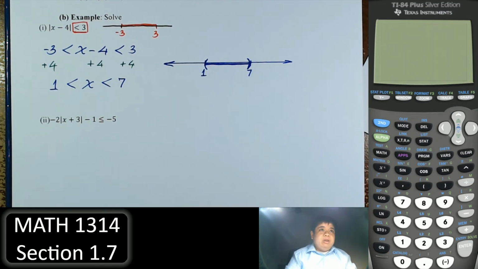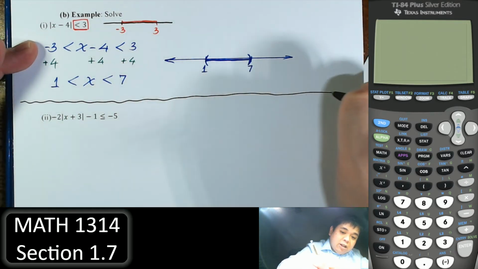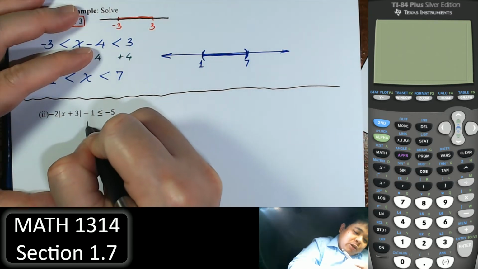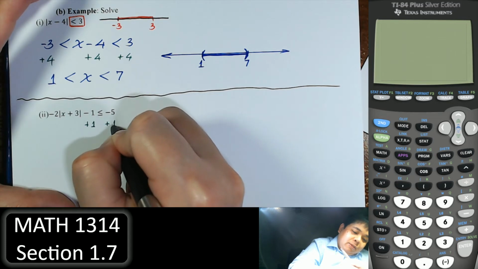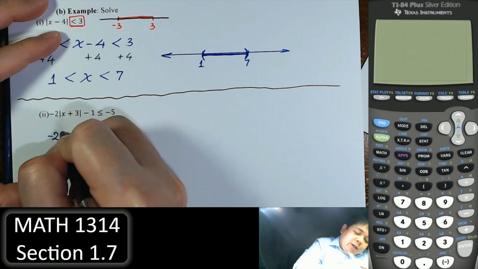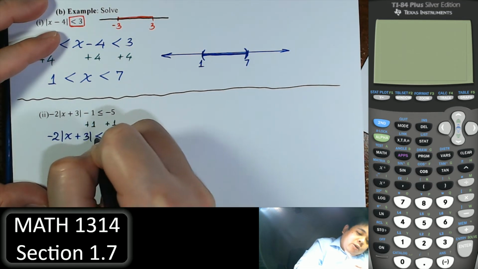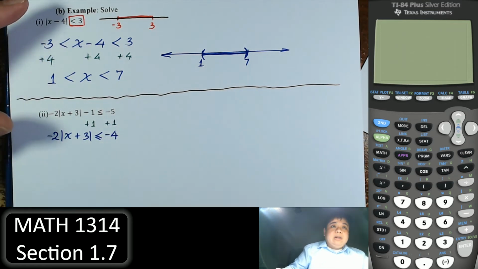Just like the previous problem, try to get the absolute value by itself first, and then we can determine the rest. First, put the plus 1 on both sides. So we have -2 times absolute value of x plus 3 less than or equal to -4.